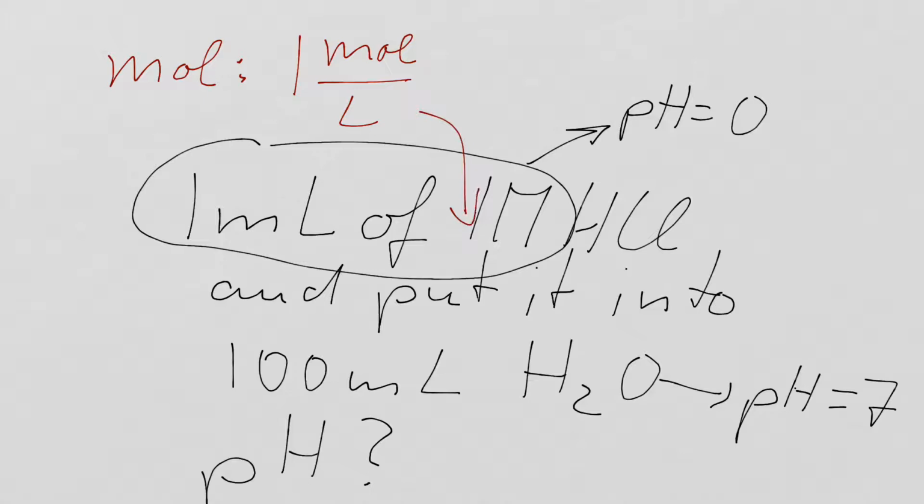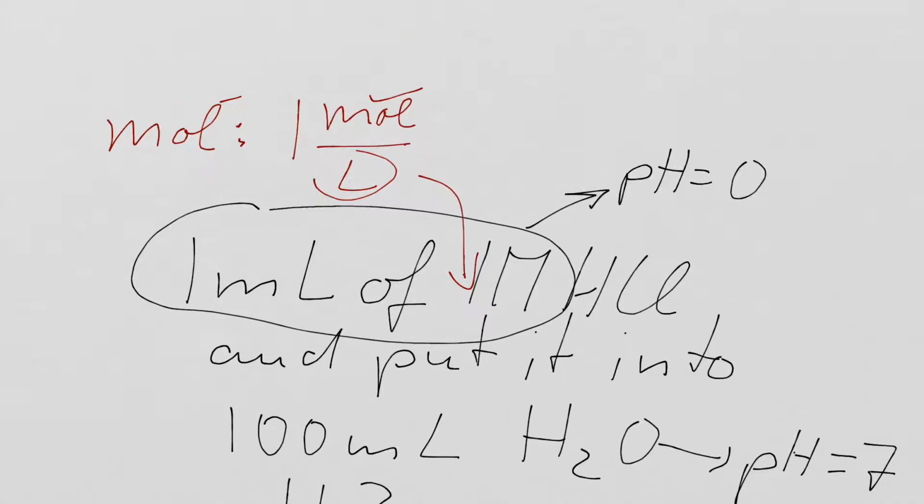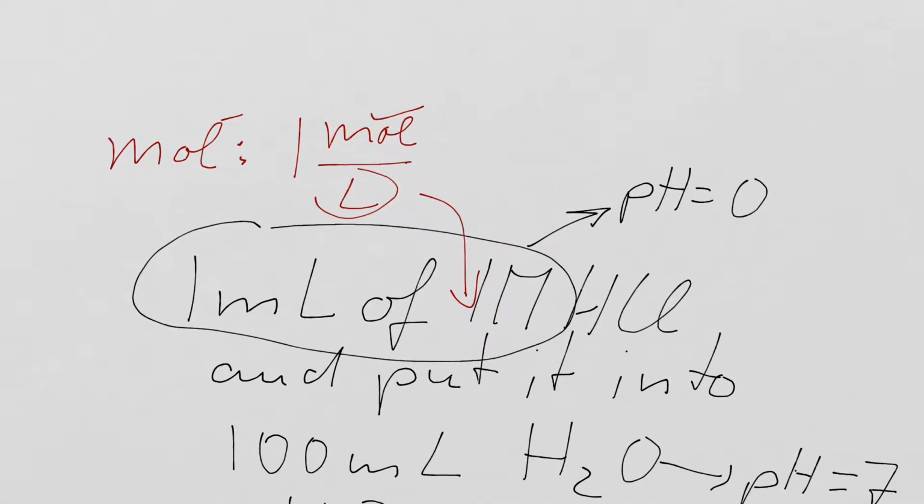That's this one here. So we want the moles, but we need to get rid of the liters. So how many moles do we have in this 1 milliliter? We do 1 mole per liter times 1 times 10 to the minus 3 liter.